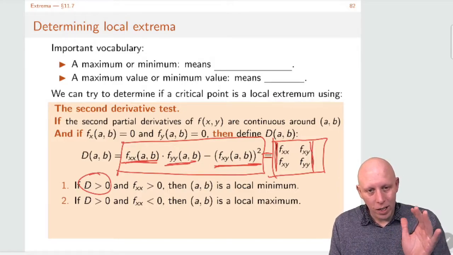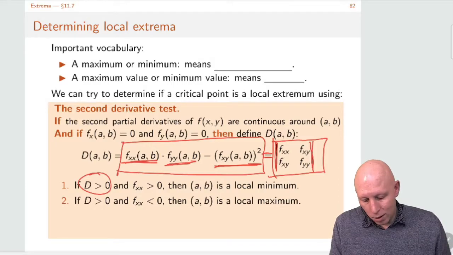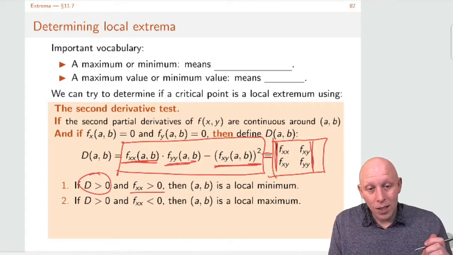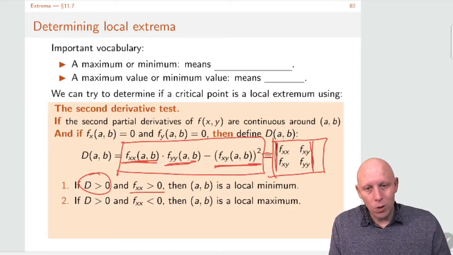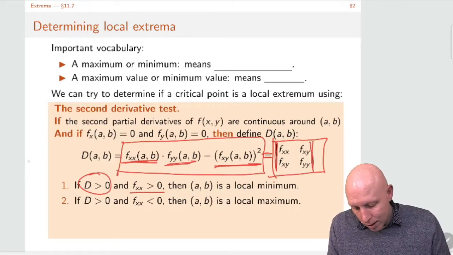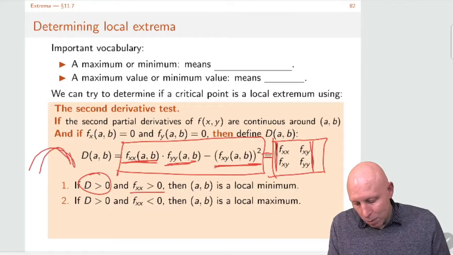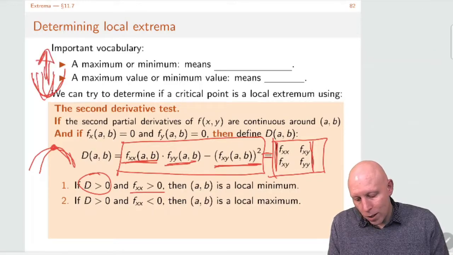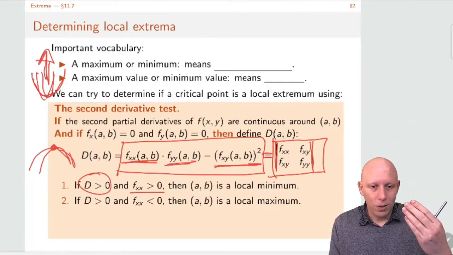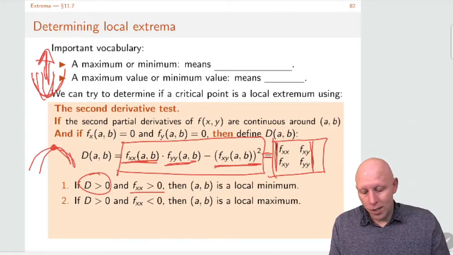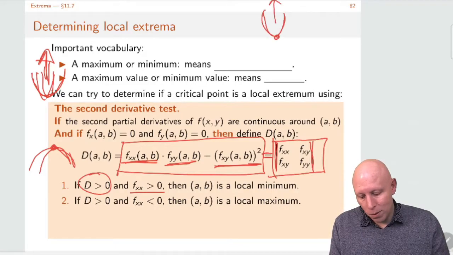And so we look at this discriminant and decide if it's bigger than 0. If this number is bigger than 0, and the second partial derivative with respect to x is positive, this should make you think about single variable calculus, where if it's concave up, then we have a local minimum. Same thing here.